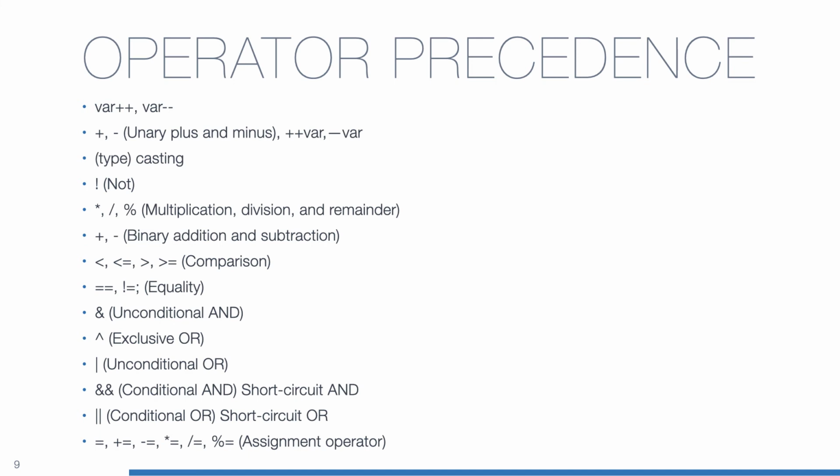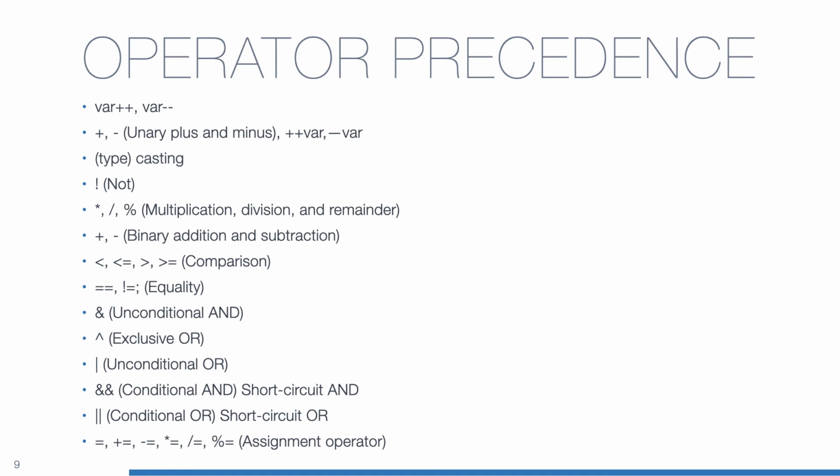Our comparison or relational operators were introduced this chapter. And the equality and not equal operators were also introduced, and they're just one precedence level lower than the less than and greater than operators. And then we have and, or, and exclusive or. Notice there's a single ampersand and a single pipe for or. We didn't talk about those this chapter. We talked about the double ampersand and the double pipe for or.